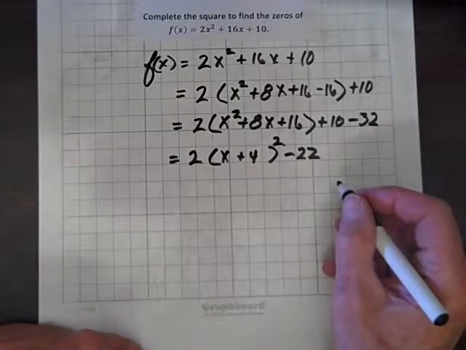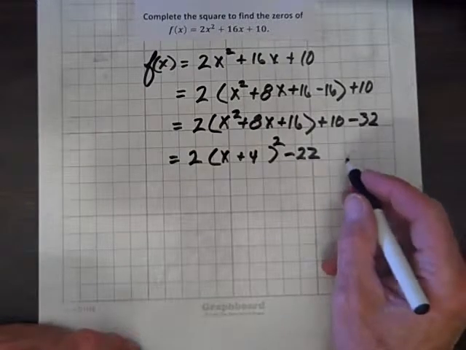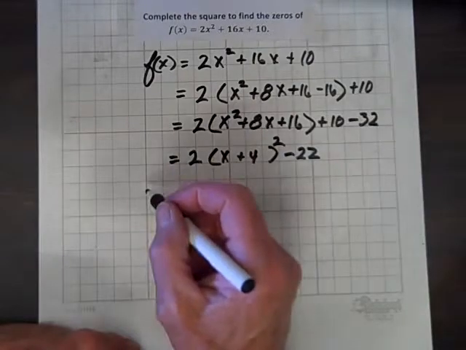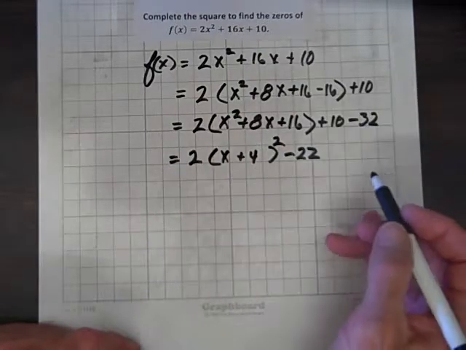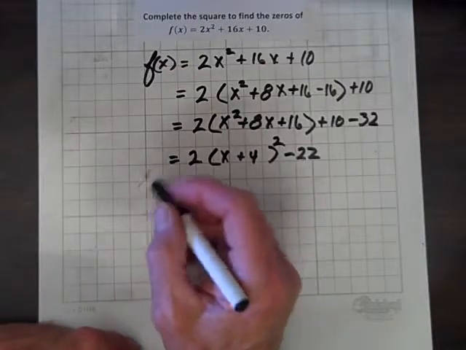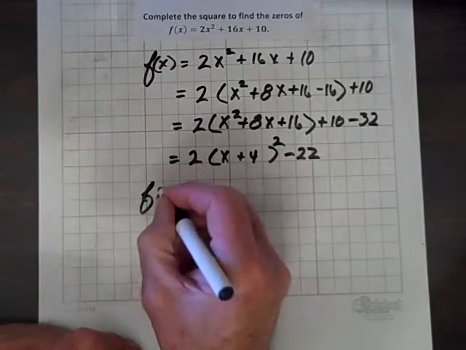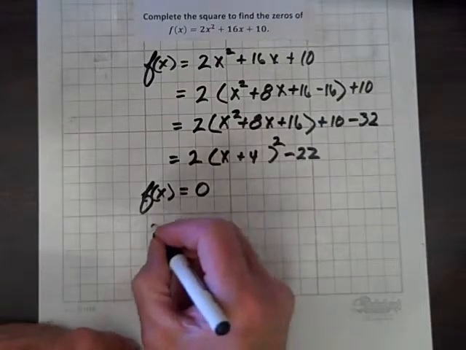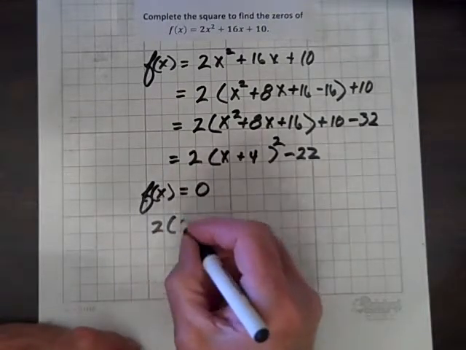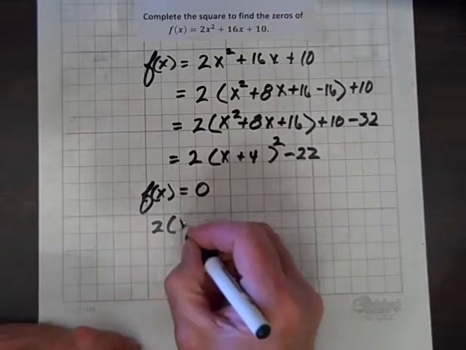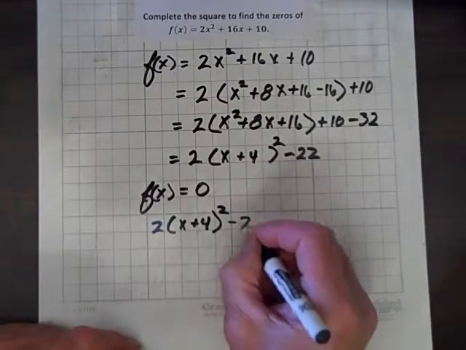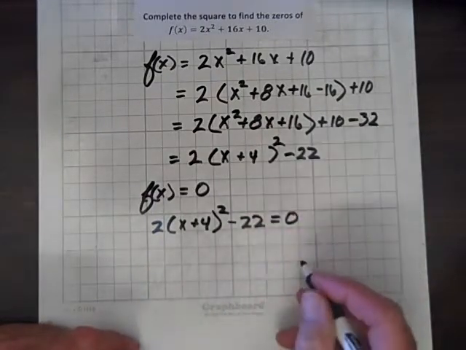Now, to find the zeros of that thing, what we have to do is set f of x equal to 0. So f of x equals 0. That is 2 times the quantity, since f of x equals this, x plus 4 quantity squared minus 22 equals 0.